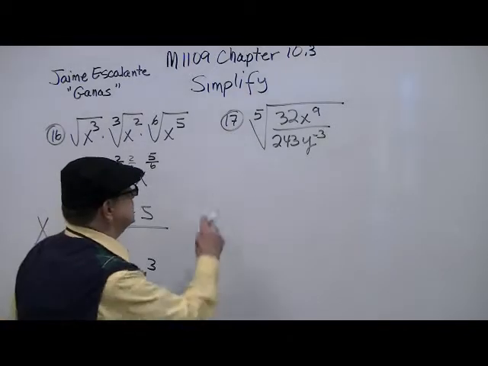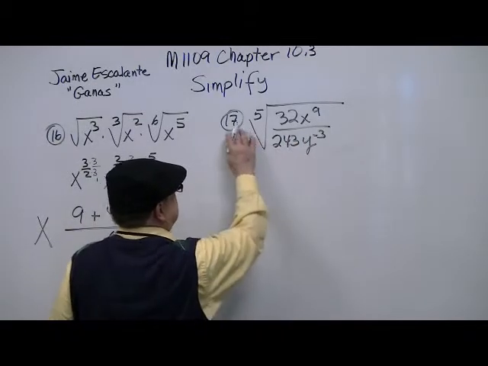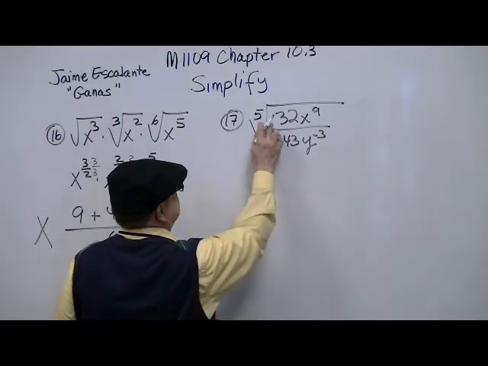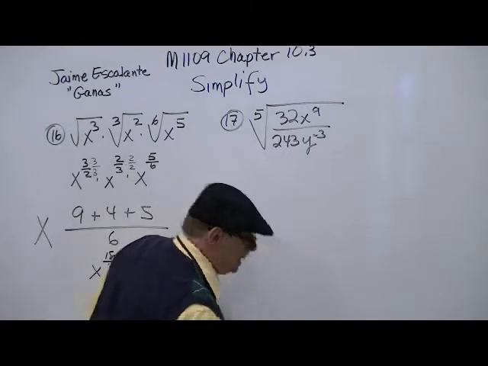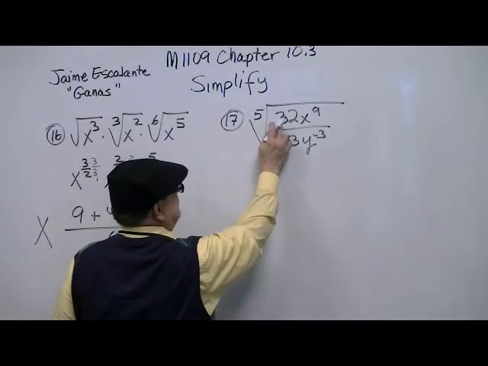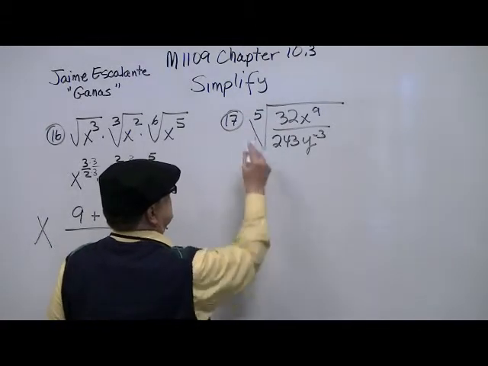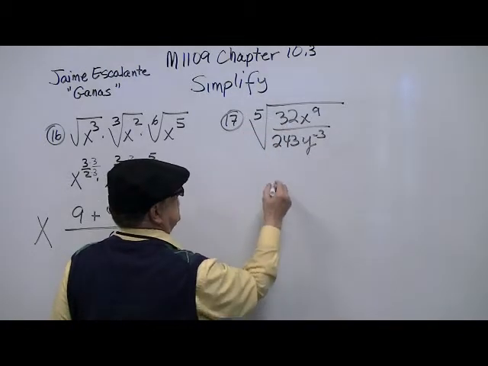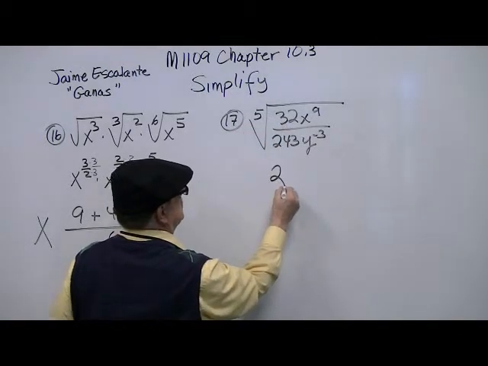All right, number 17, as I look at this, this is a perfect 5th there. So I could take the 5th root of 32, happens to be 2.